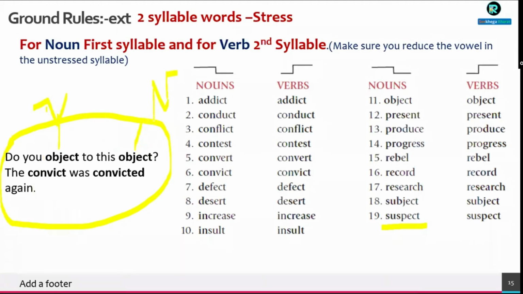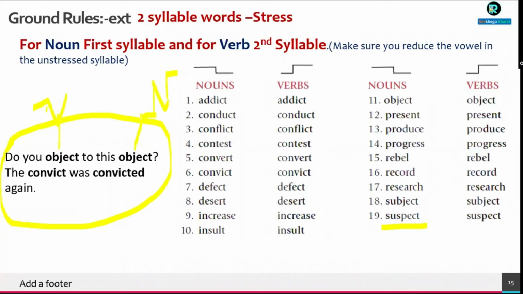Accordingly, pronounce it. Do you object to this object? Better. You can follow the swa rule. Better. Okay.